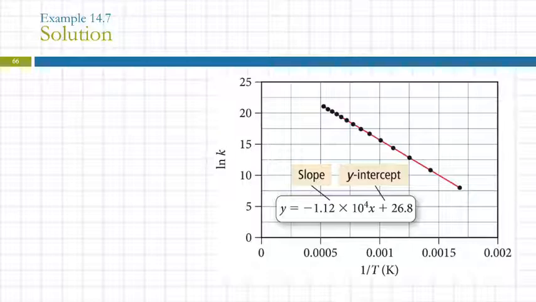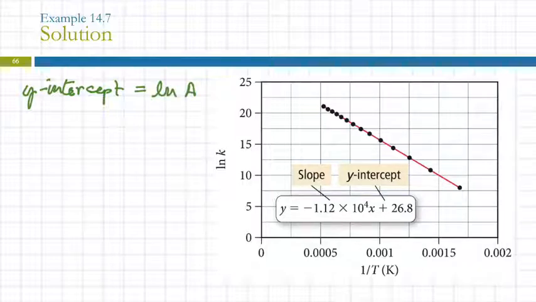So remember that the y-intercept is equal to what? The natural log of A. A is the frequency factor, right? So if the natural log of A equals 26.8, we need to find that frequency factor.